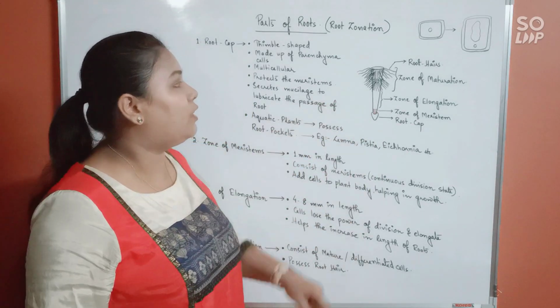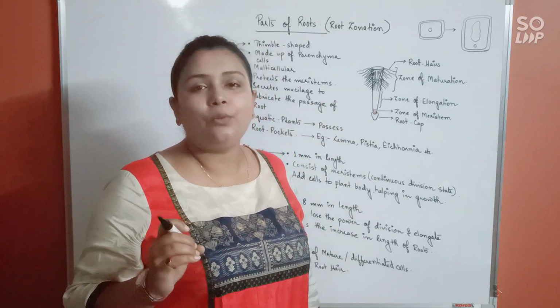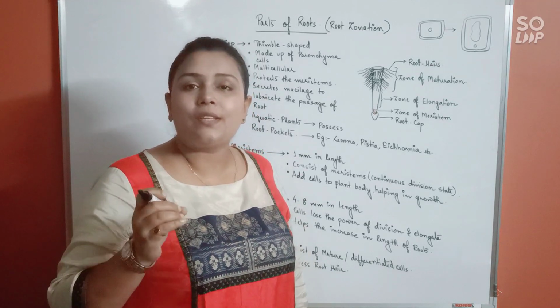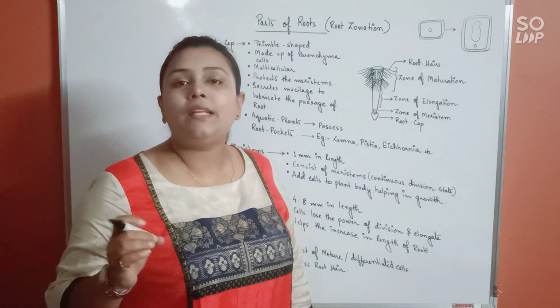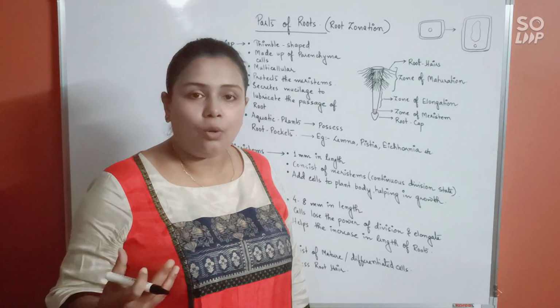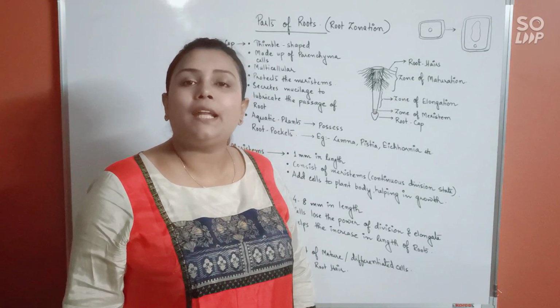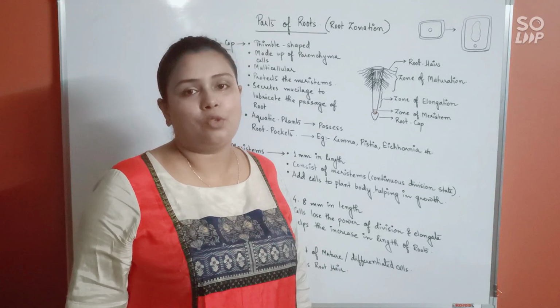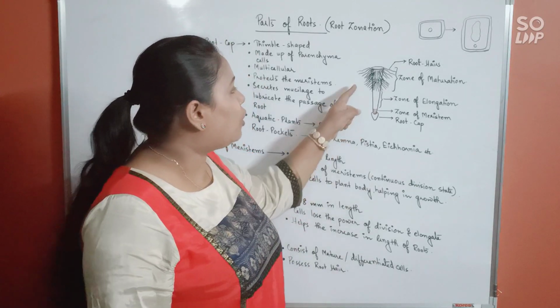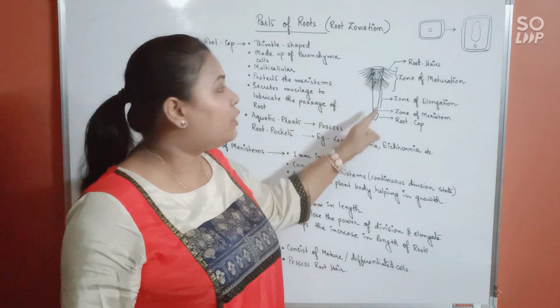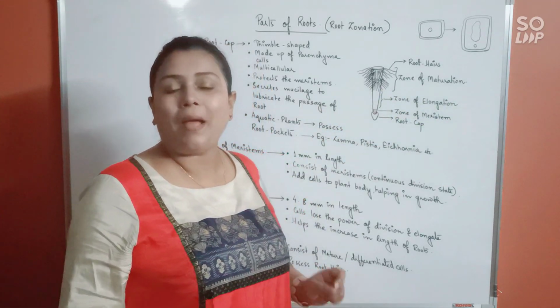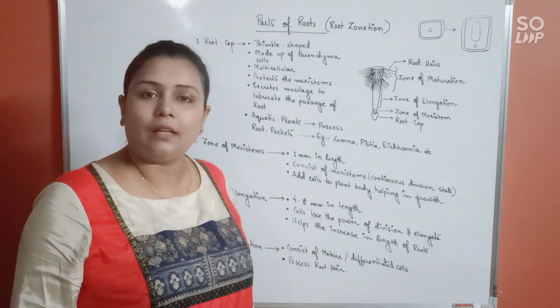Because it consists of minute thread-like unicellular root hairs. These root hairs allow more absorption of water and minerals because they increase the surface area for absorption in roots. So because of the presence of root hair, the zone of maturation shows maximum absorption of water and minerals.